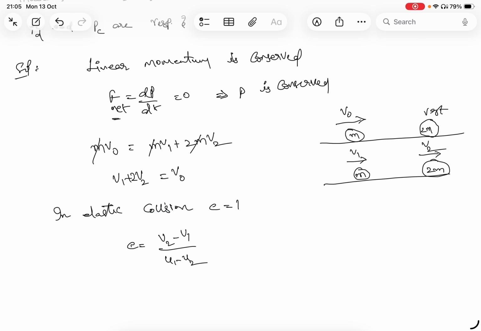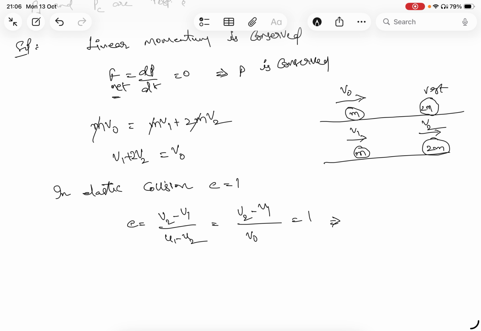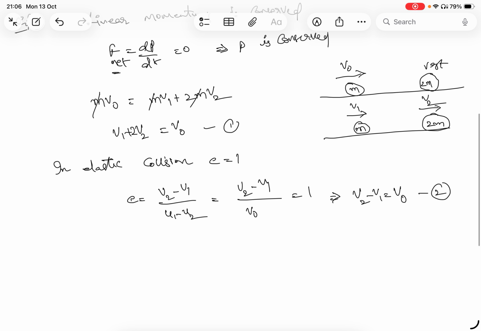Here u1 is v0 and u2 is 0. Because it's an elastic collision, e is 1. This implies v2 minus v1 equals v0. Now you have two equations and two unknowns, so you can solve it.